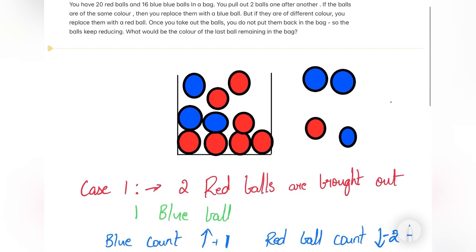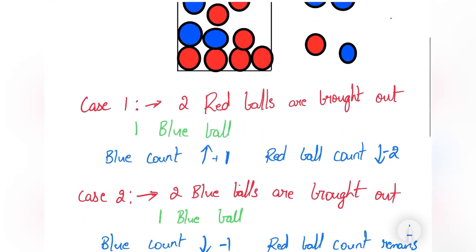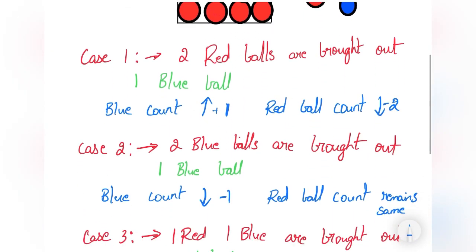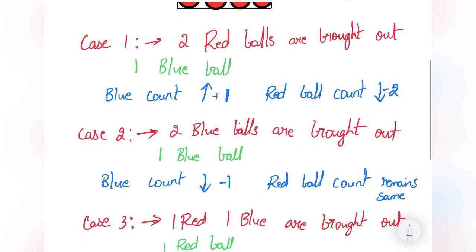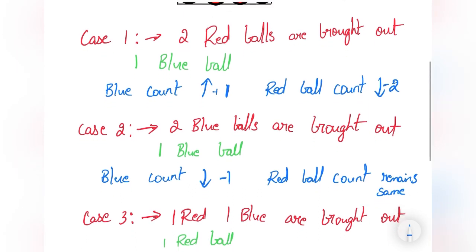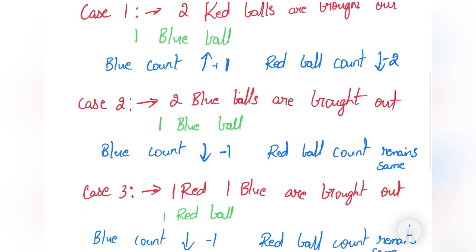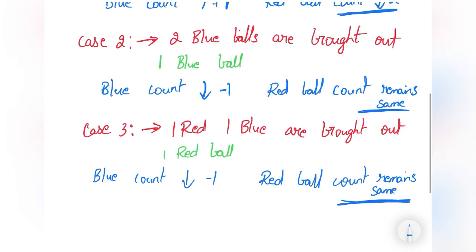So based on this, if we observe for some time, then we can see that in general, the red ball count is reduced by 2 or it remains the same.